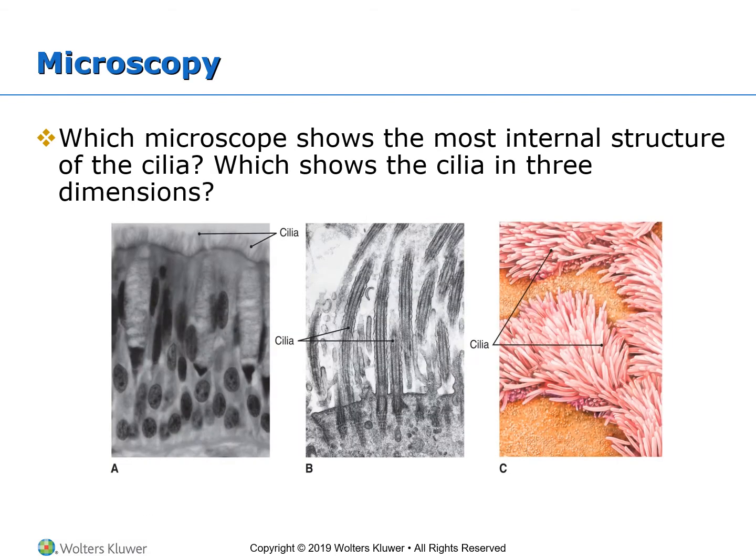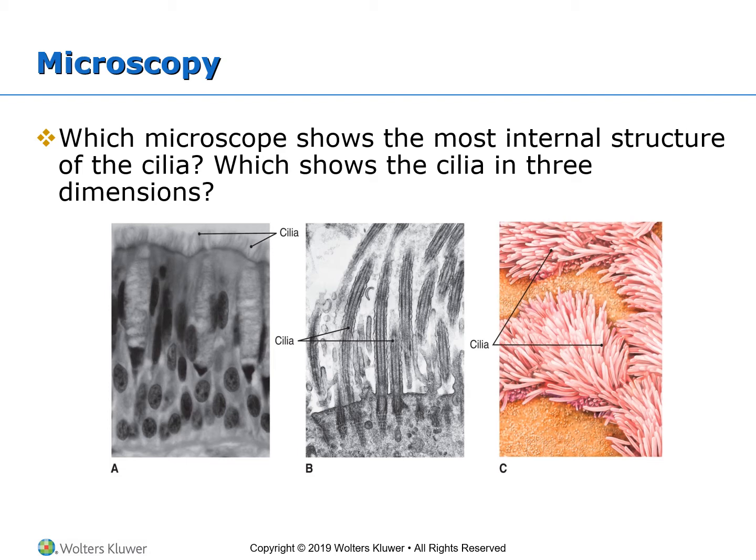In this image, you can see a comparison of the 3 types of microscopes put together. Image A is your typical compound light microscope. Image B is your transmission electron microscope, and you can see how, on top of it, we see the cilia, those tiny hair-like structures, and with the transmission electron microscope you can see how large they are.